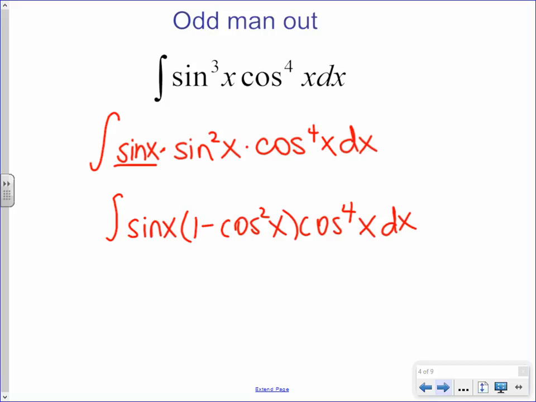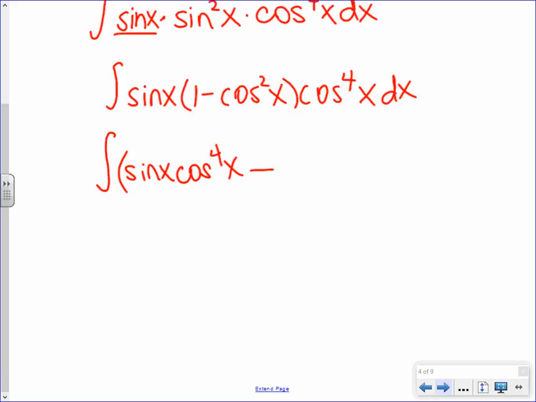Okay, so right now, I'm going to go ahead and distribute this out. We have sine of x cosine to the 4th x minus sine of x cosine to the 6th x.